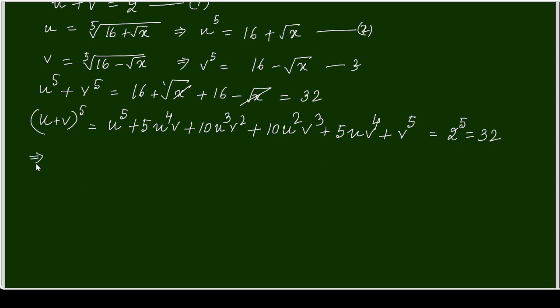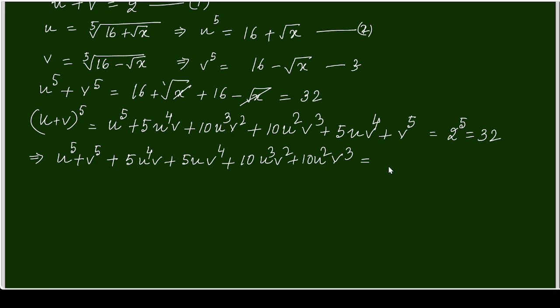So let's arrange these terms in the equation. u to the power 5 plus v to the power 5, plus, taking 5 together, 5 u v (u cubed plus v cubed), plus 10 u cubed v squared plus 10 u squared v cubed is equal to 32.